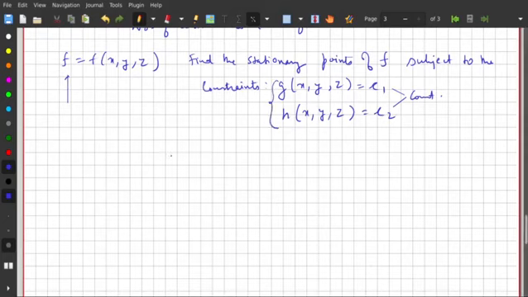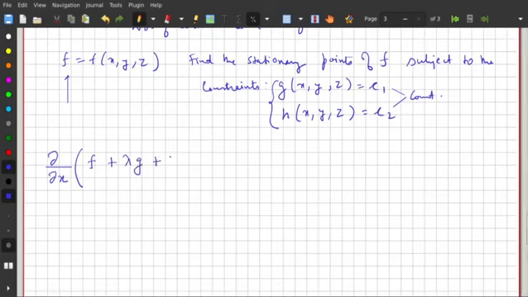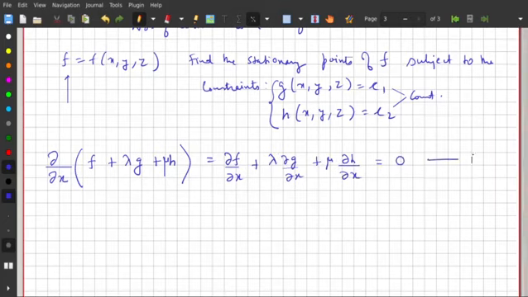If we extend our previous idea, the equations become: partial with respect to x of f plus lambda g plus mu h, which becomes partial f partial x plus lambda partial g partial x plus mu partial h partial x equals 0. This is equation 1.